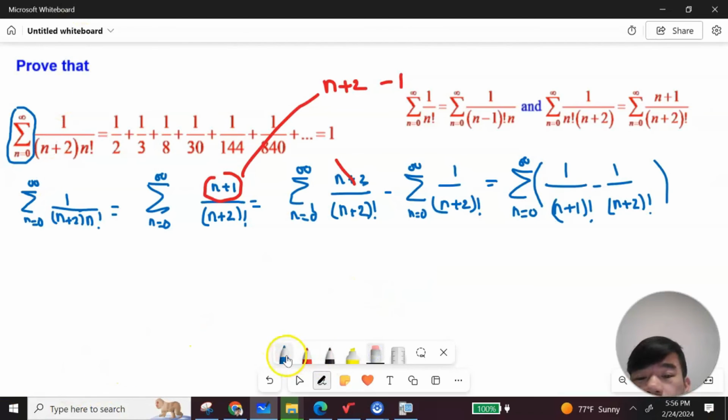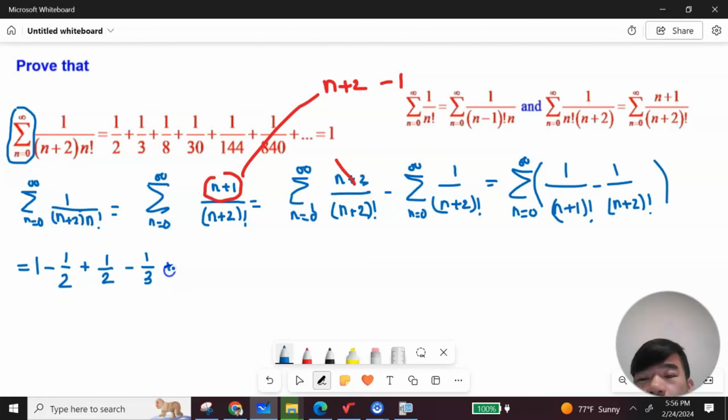Now I just substitute the values. If n equals 0, the first one I have 1, and I substitute 0 in the second one, so it should be 1 over 2 factorial, which means minus 1 over 2. Now if n equals 1, the first one should be plus 1 over 2 and the second one should be minus 1 over 3.